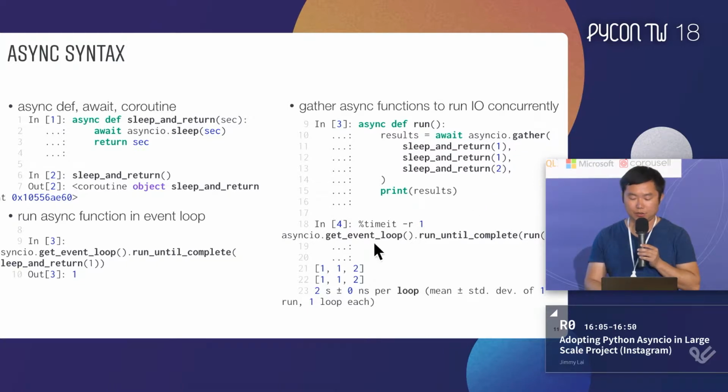So we use the event loop run_until_complete to run it. And in the end, you can see it finishes in 2 seconds. So it's running asynchronously. Gather is the key to get the latency win. In order to get more latency win, you need to use more gather.